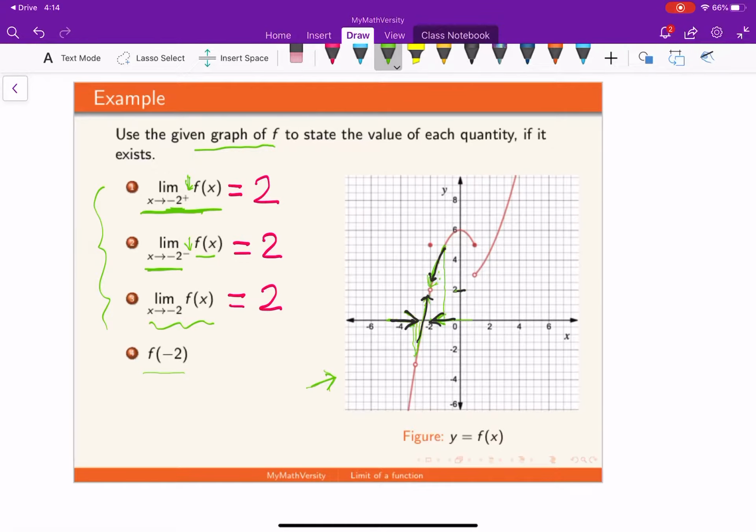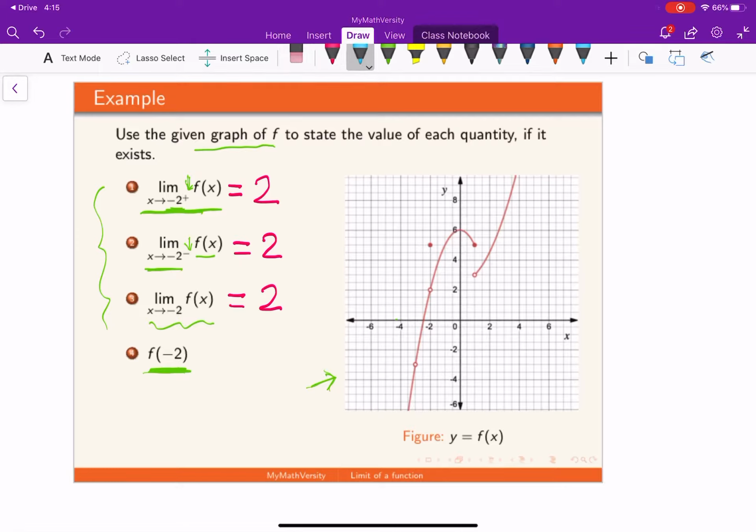To find the value of the function at -2, we don't look at the behavior of the function when x gets closer and closer to -2. What we look at is the height of the curve exactly at -2. Let me remove this thing over here.